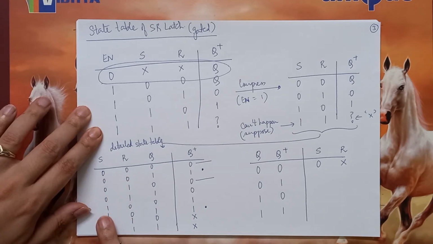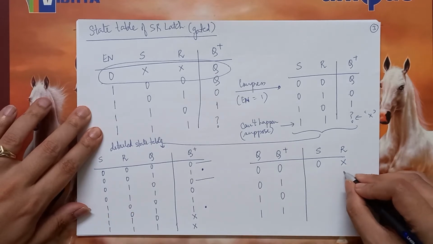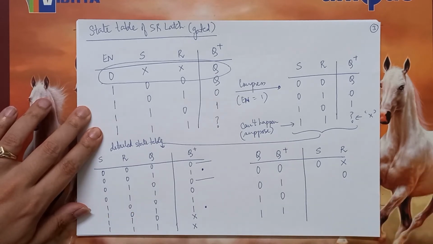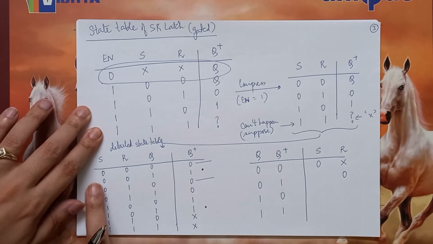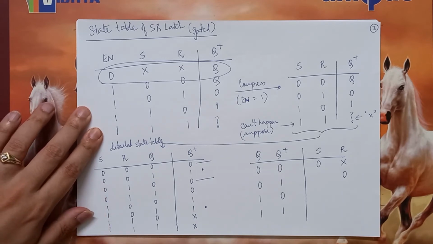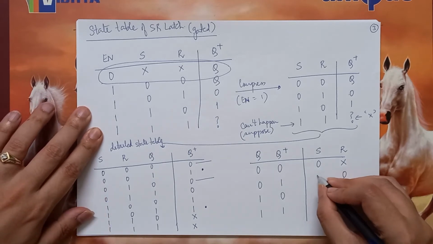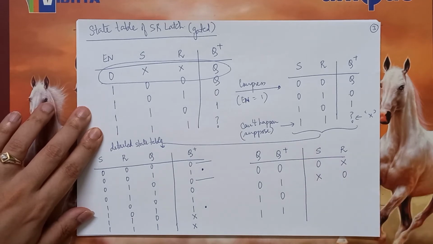The other case, it is 1 and 0. So therefore, R has to be 0. And in one case, S is 0. The other case, S is 1. So therefore, in this case, S does not matter. It is a don't care. Now for 1, 0.